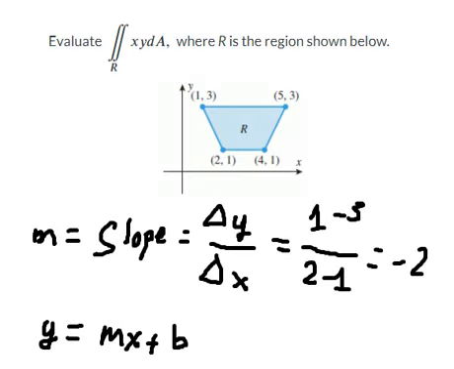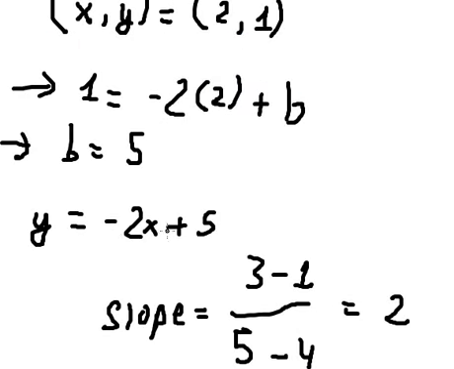So the first thing we need to do is find the bounds of dx between the 2 lines in here. So this one we have y equals negative 2x plus 5. Now we move 5 to the left and we divide both sides by negative 2.